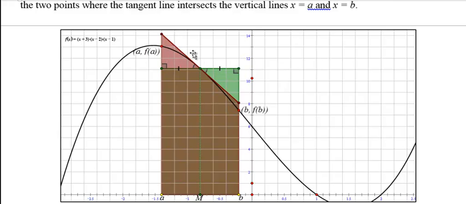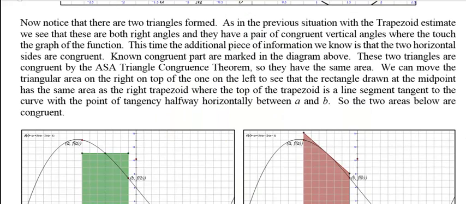We see that those two triangles now are congruent by the angle side angle theorem from geometry. So, in a manner similar to the trapezoid, we can cut off this triangle, rotate it over, put it on top of this triangle right here, and we see that the area of this trapezoid formed is the same as the area of the rectangle.